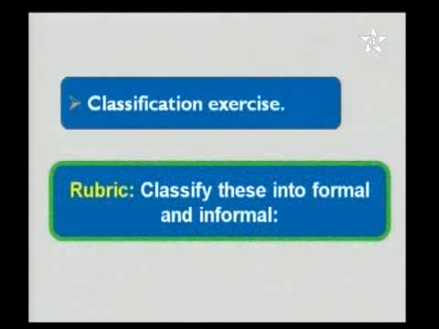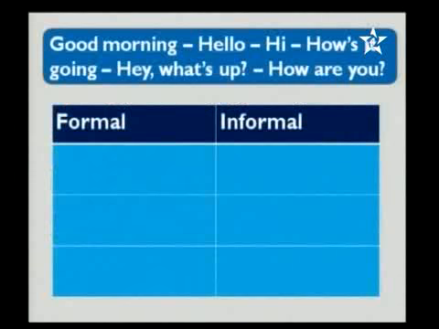Now, rubric: classify these into formal and informal. Look at the list of expressions. Good morning, hello, hi, how is it going? Hi, hey, what's up? How are you? Now, you classify these expressions into formal and informal.